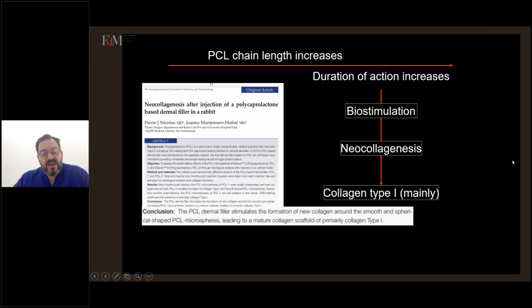In our understanding, the best quality of Ellanse is the ability to produce collagen type 1 by inducing a very low-grade inflammation or a very low-grade foreign body reaction. Because, again, without foreign body reaction, we cannot have collagen production.